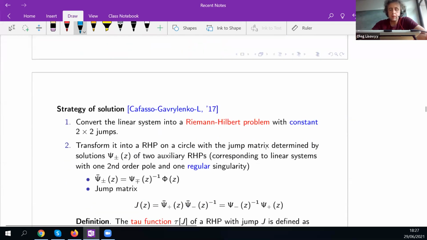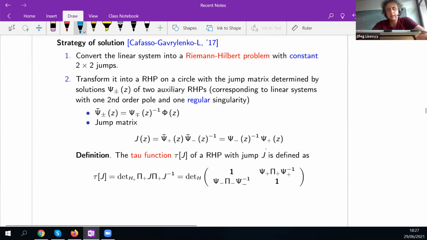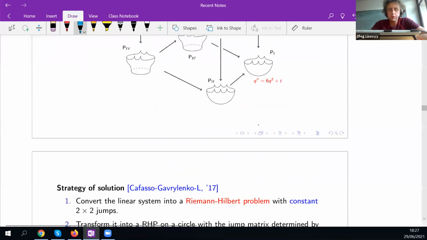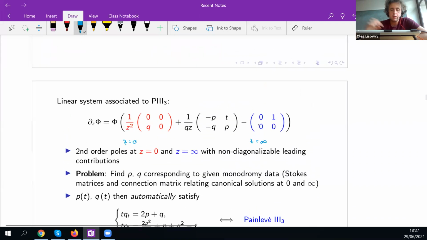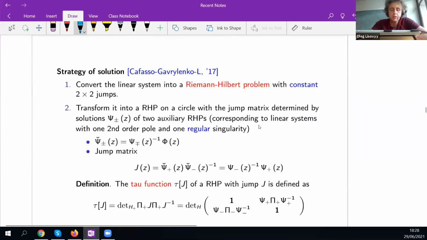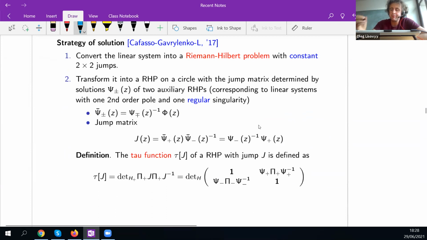So now, how can we attack this reconstruction problem? So the inverse monodromy problem in this case. So without going into technical details, I will just try to explain to you the main steps. So the first step is to convert the linear system of ODEs that we have here into a Riemann-Hilbert problem on a circle.